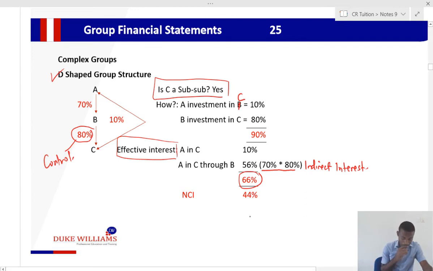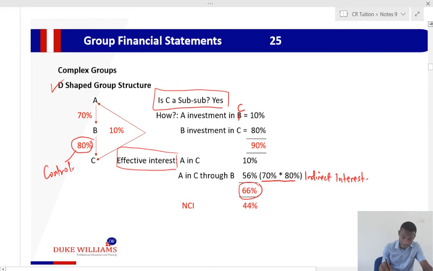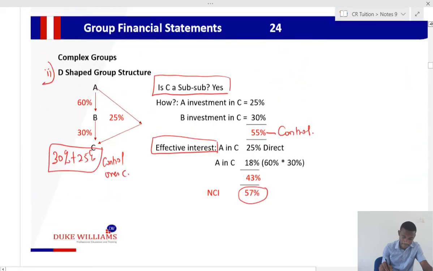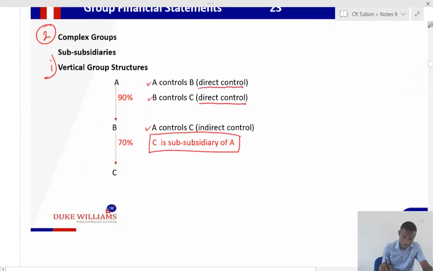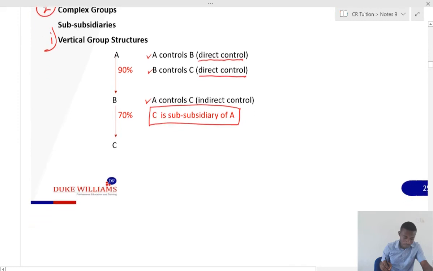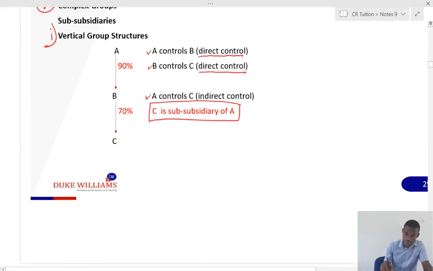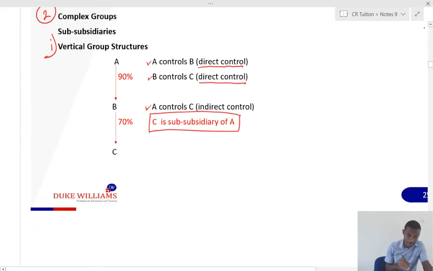Now, in all of these, going back to the first vertical group structure, there is a very important concept which I'll highlight later, but I need to establish that here. You know, we have A having 90% in B, so the NCI in B is 10%.